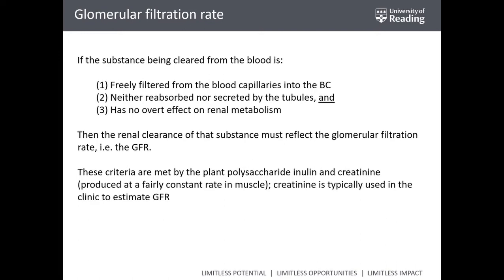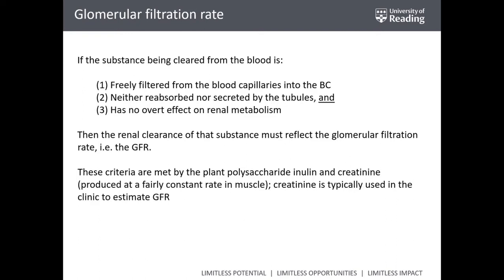However, if a certain substance has the three characteristics I said, so freely filtered from the blood capillaries to the Bowman's capsule, not reabsorbed nor secreted by the tubules, and it doesn't affect the renal metabolism, so it doesn't accelerate or decelerate it, then we can infer that the clearance of that substance corresponds to the glomerular filtration rate.